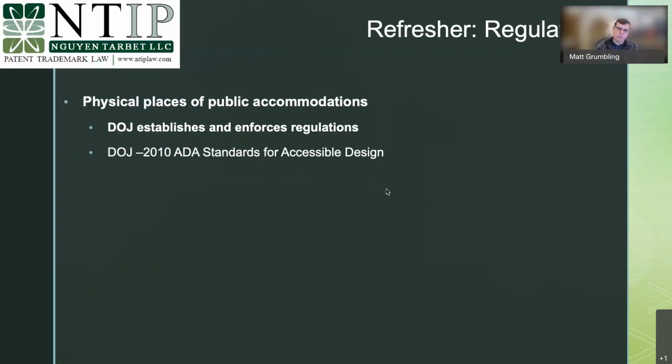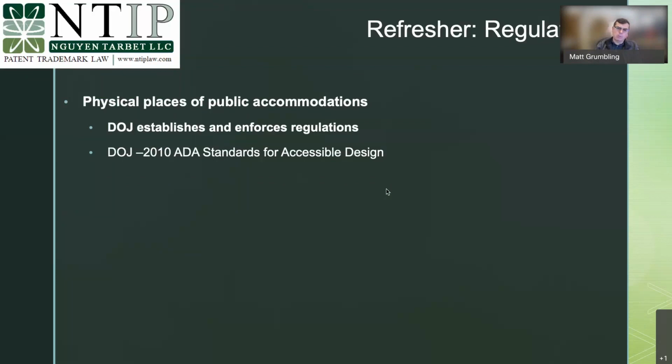It gets a little tricky when you've got a building that was built before these standards went into effect. Of course, the ADA has been in effect since 1990, so it would be an older building, but there are buildings older than 1990 out there.